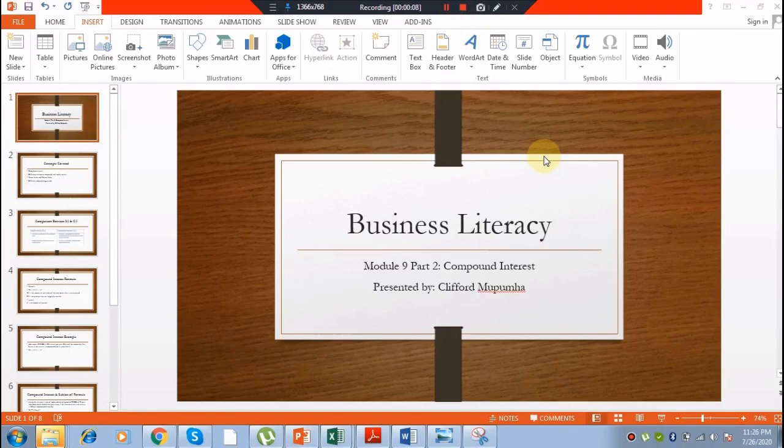So today we are looking at Module 9 Part 2. In our previous session we did look at simple interest. So today we will be discussing and working on examples around compound interest.